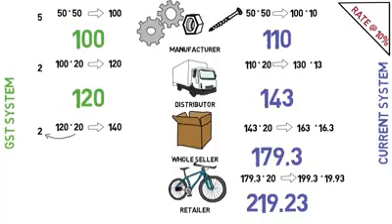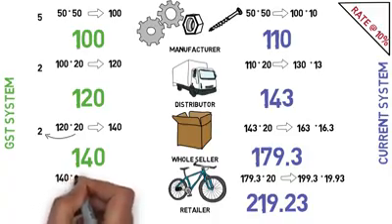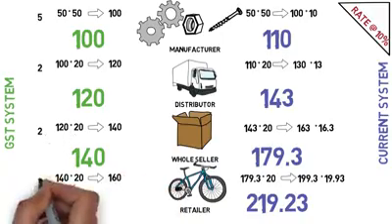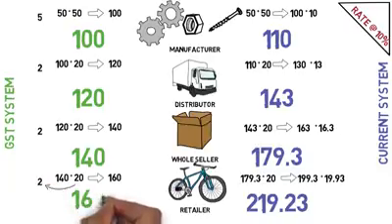The retailer buys the product for 140 rupees, adds profit of 20 rupees, pays the tax of 2 rupees on his profit of 20 rupees and raises the final consumer price to 160 rupees. So, if the prices are compared, the product is 59.23 rupees cheaper in the GST system than the current system.